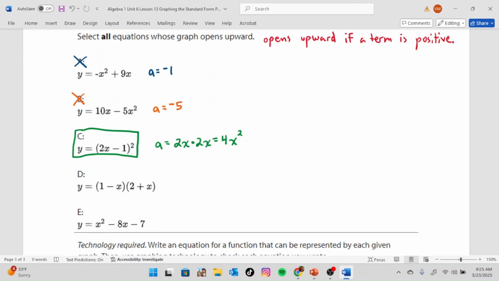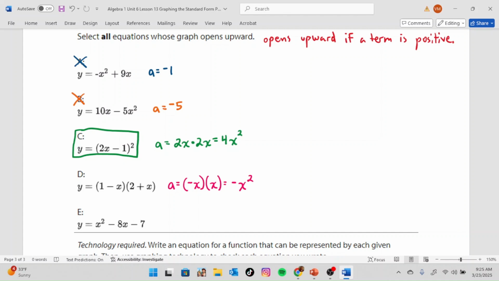Choice D. This is also written in factored form. So in order to find the A term, we need to multiply the x terms by each other. This is going to equal -x times x, which is going to be -x squared.